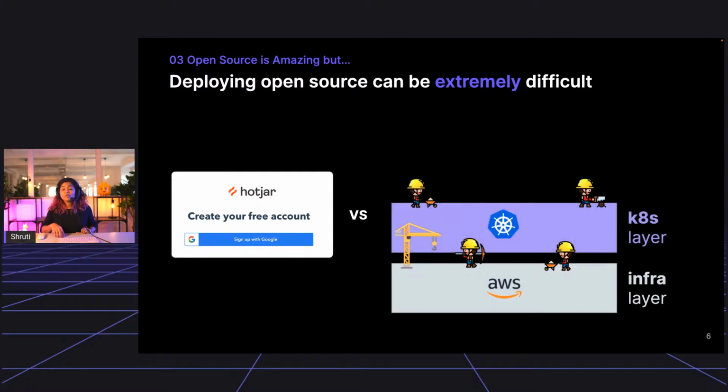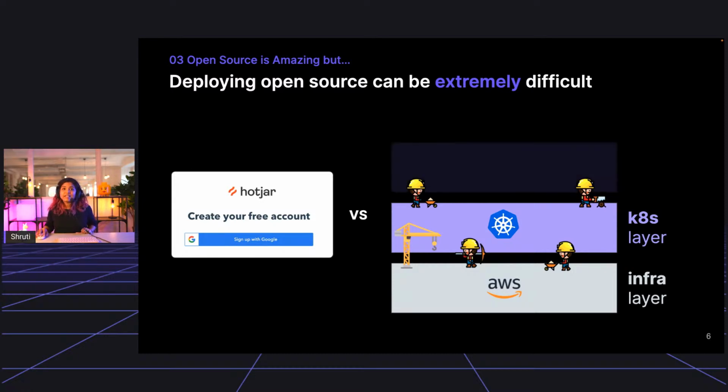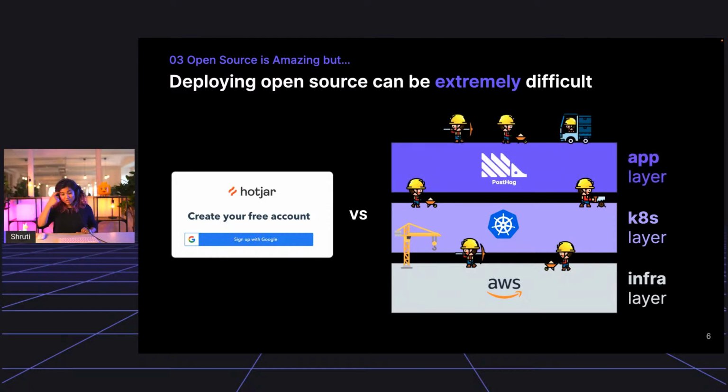Then you set up the Kubernetes layer, wherein you are provisioning this cluster, taking care of networking, taking care of what URL you're going to get, and all the different things within it. And then you have someone building the app layer, the people deploying the app itself. And having done all of this, it's not a one-person job. I have tried it. It is definitely not a one-person job.